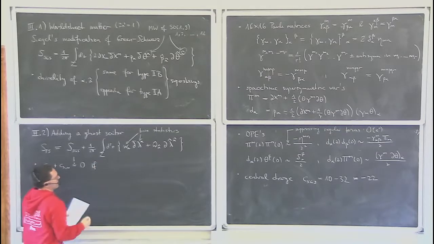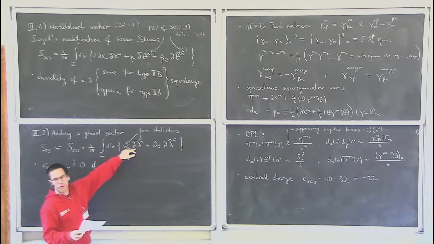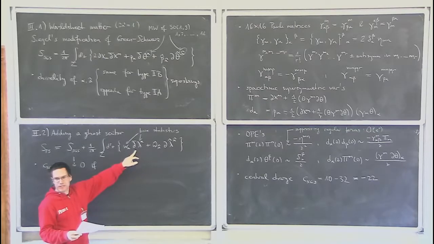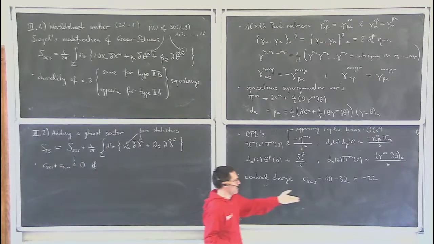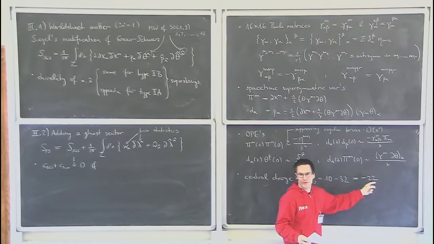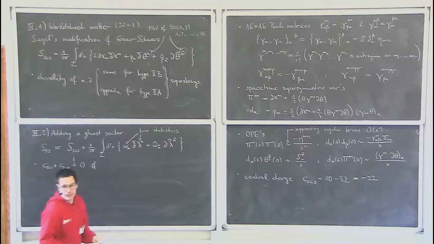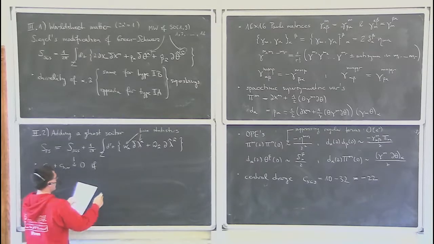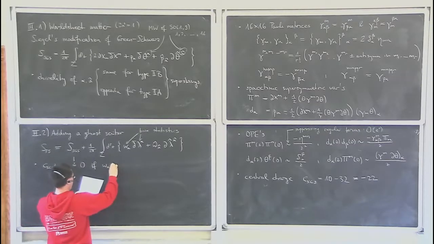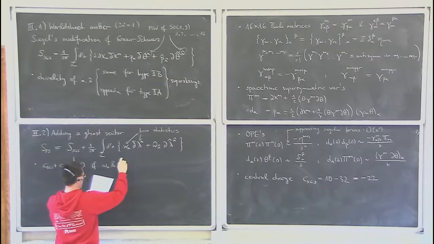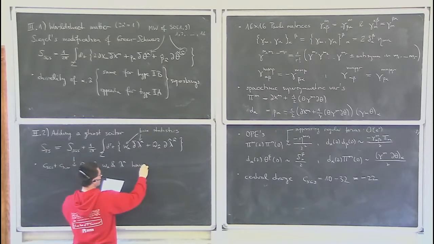More precisely, it's central charge plus 2 per component. But if it was an unconstrained Weyl spinor, the 16 components would certainly not give you minus 22. 22 is not divisible by 16. However, minus 22 is divisible by 11. So wouldn't it be nice if W and lambda were to have 11 components?